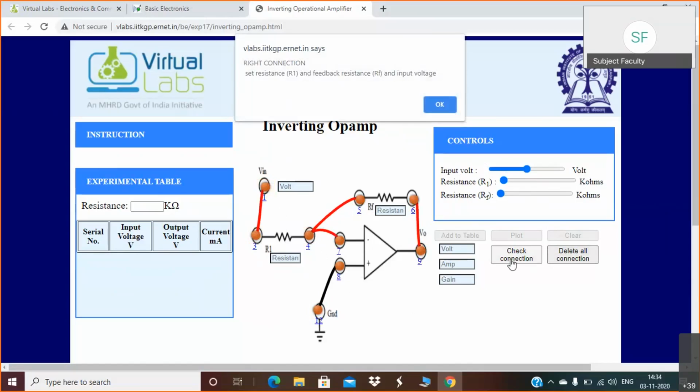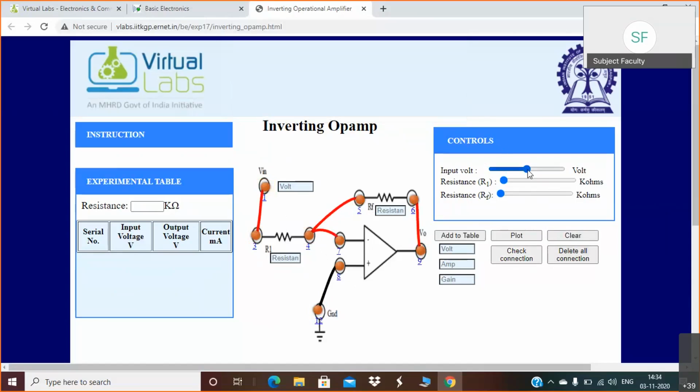You can check the connections, the right connections. Then you have to select the input. I have selected 2. R1, let's say 5 kilo ohm, and RF, let's say 10 kilo ohm. Okay, I added it to the table.